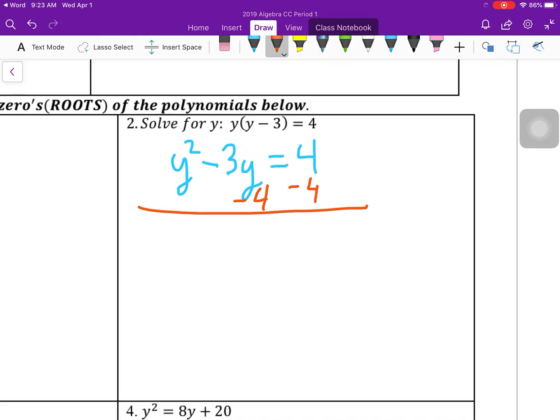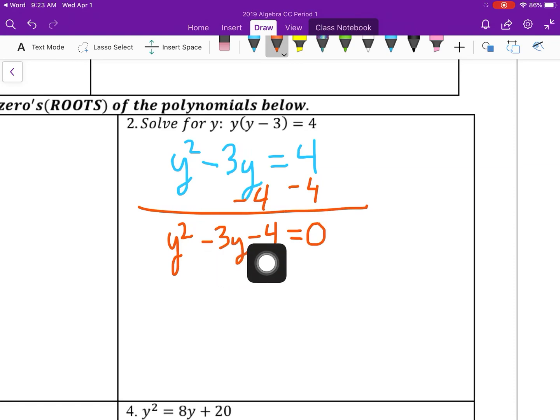So now we've got our quadratic, y squared minus 3y minus 4, and that's equal to 0. Luckily, this is a factorable quadratic.